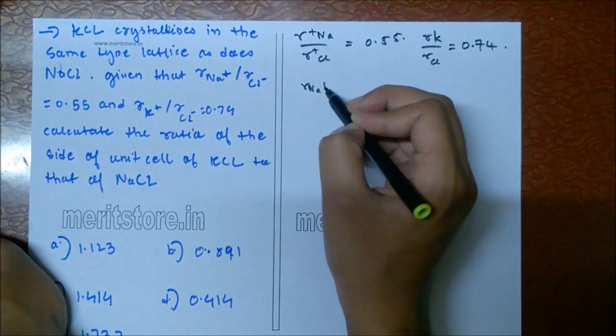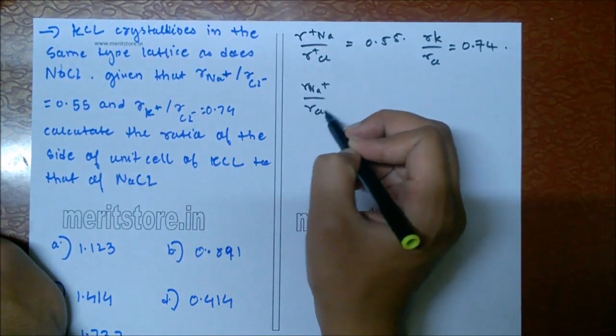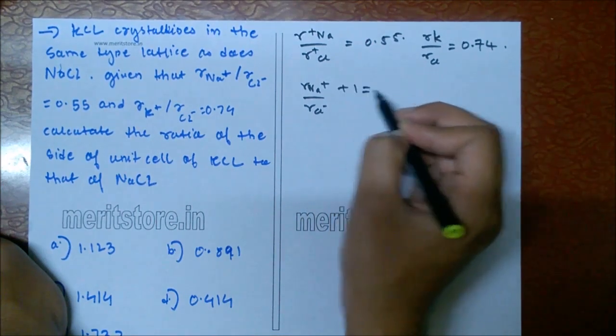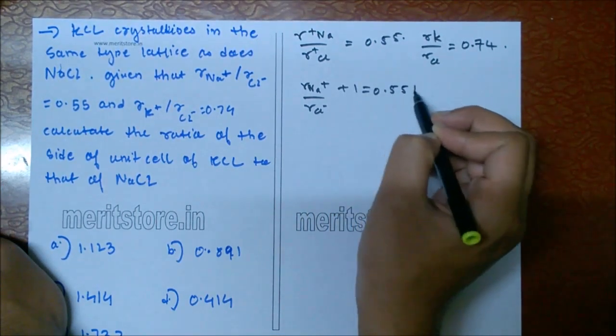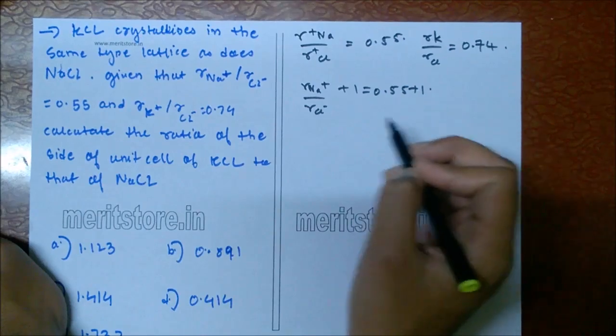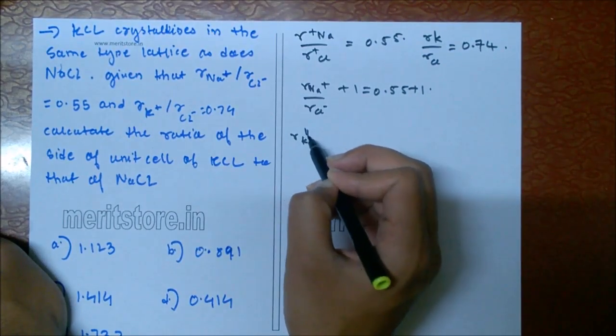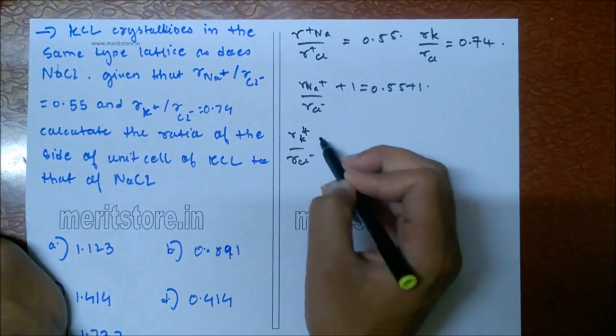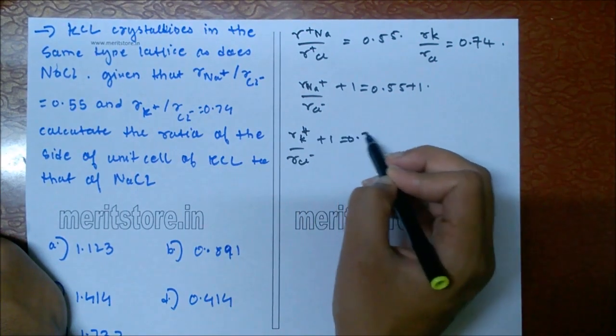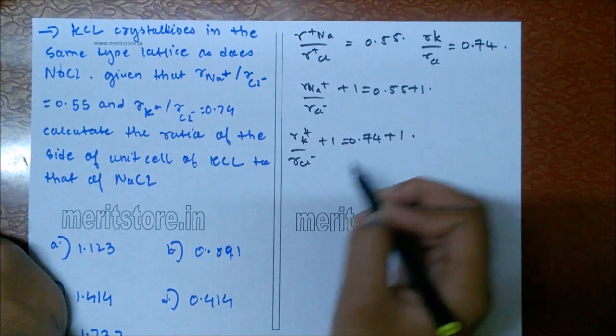So we can write this as radius of sodium upon radius of chloride plus 1 is equal to 0.55 plus 1. Similarly, with potassium and chloride, plus 1 is equal to 0.74 plus 1.